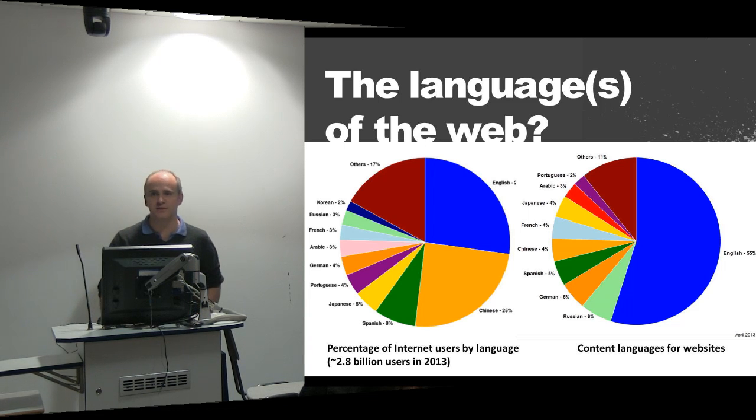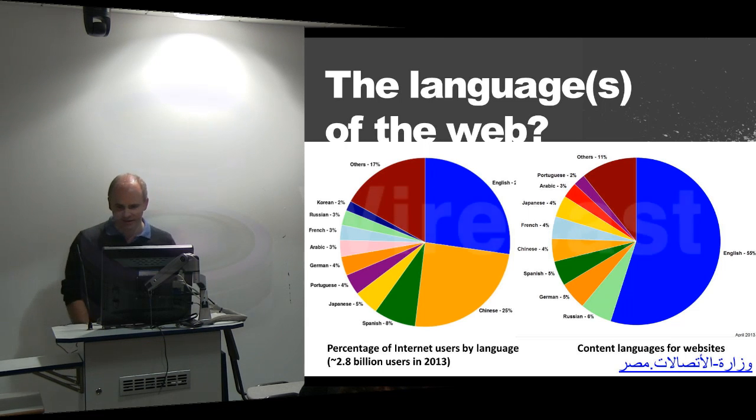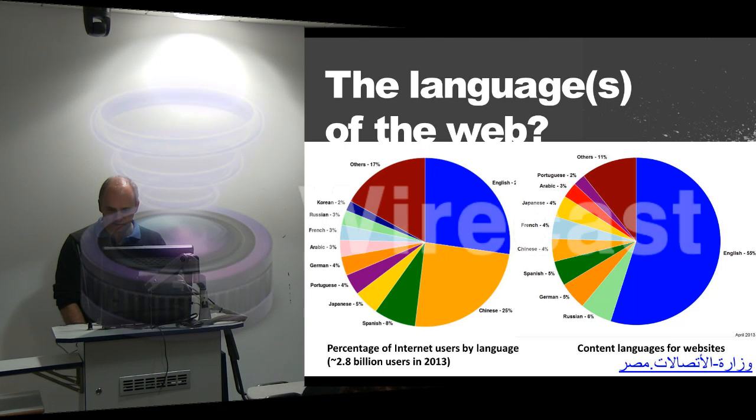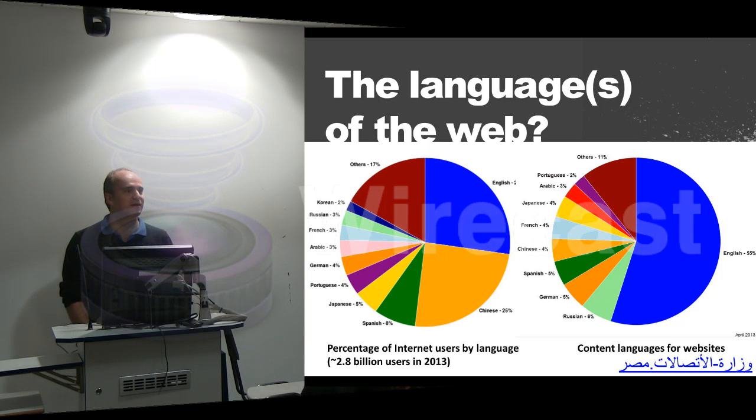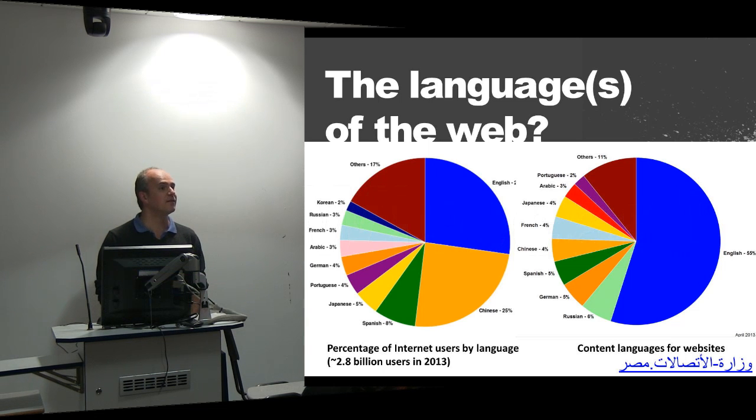So that's an interesting challenge. Some people may be able to read that. It's finishing with Misr. The Ministry of Communications of Egypt.